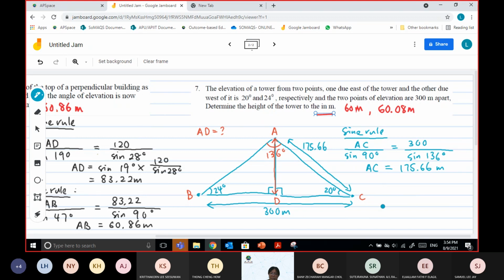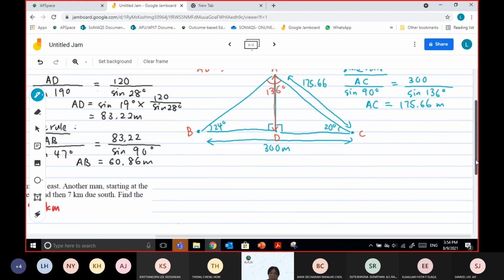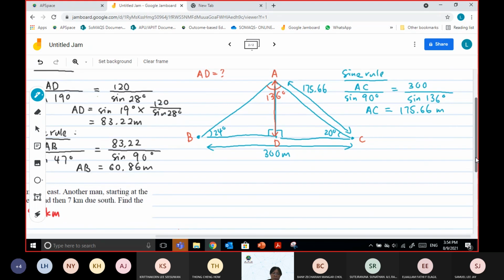To find the height, I'm using the sine rule as well, which is AD over the corresponding angle for AD. So I'm using 20 degrees, so sine 20 degrees equals, what is the length I can use?